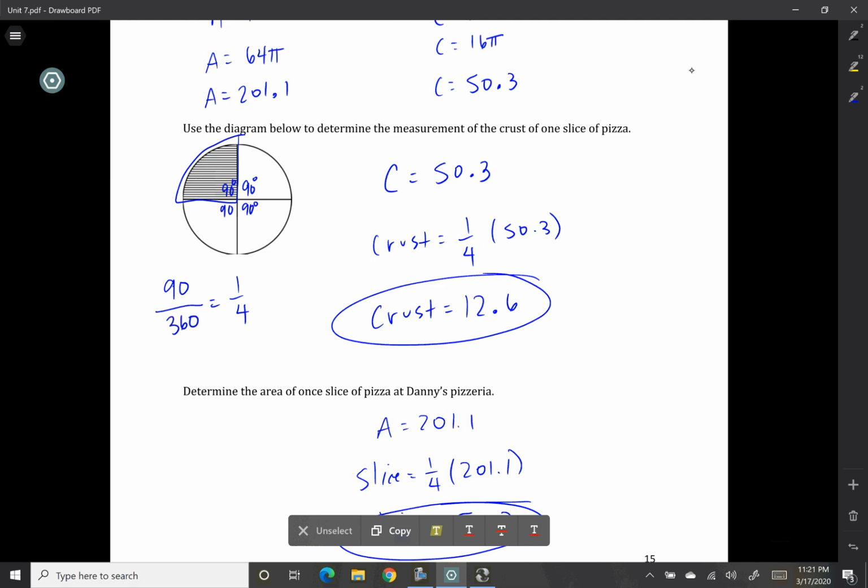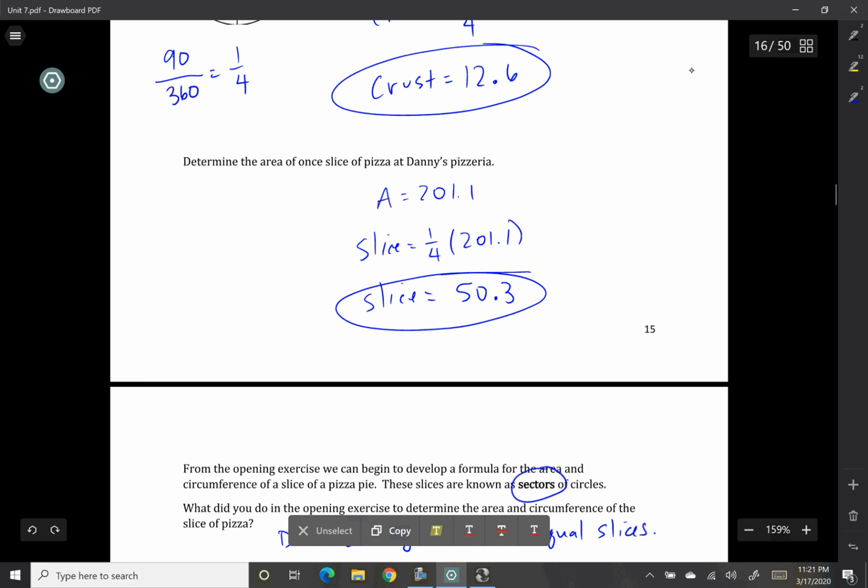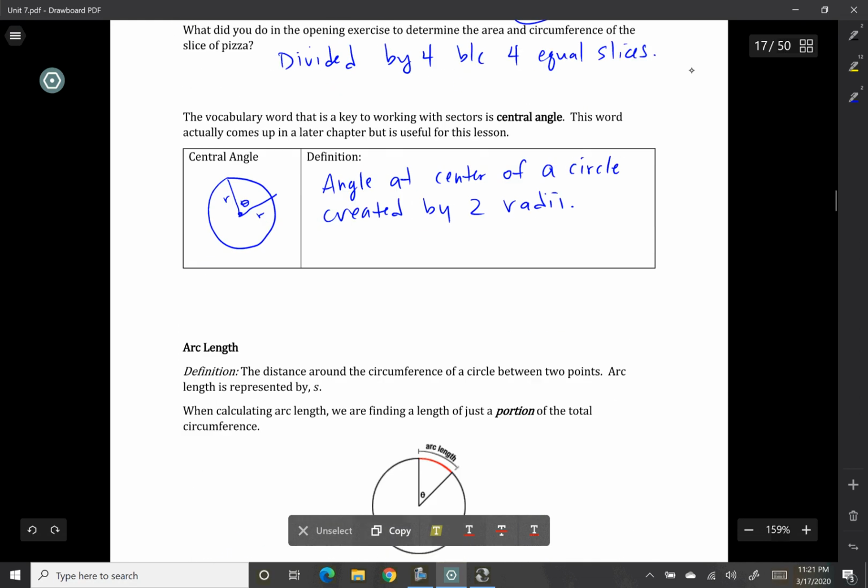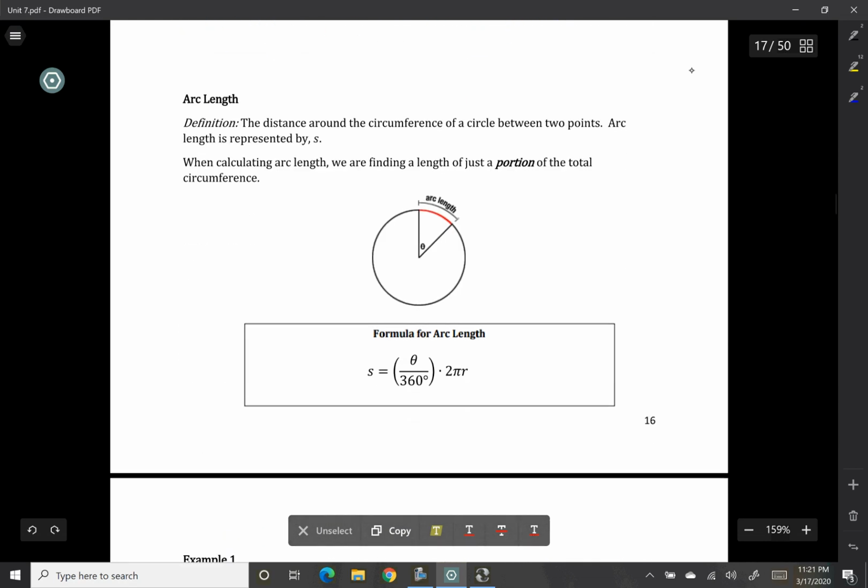So basically what we're determining is the formula for how we can find the arc length. The arc length of a circle is the central angle, theta, right? This theta is the central angle, divided by 360. This determines the portion of the circle, times the full circumference.